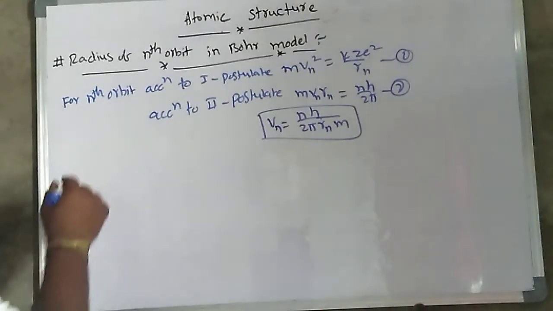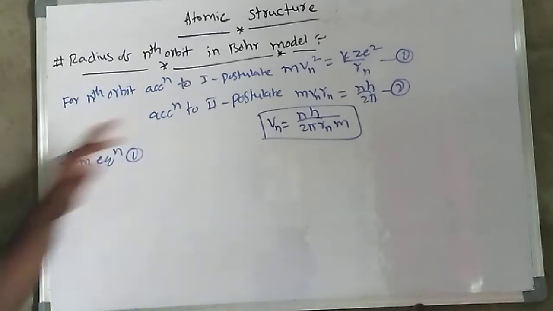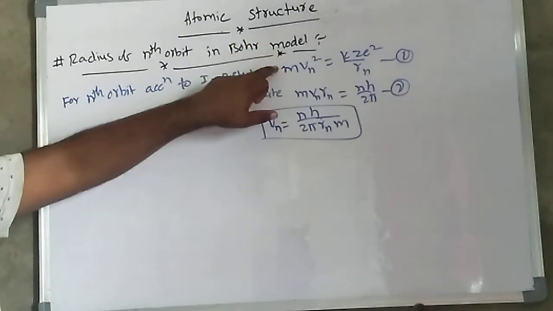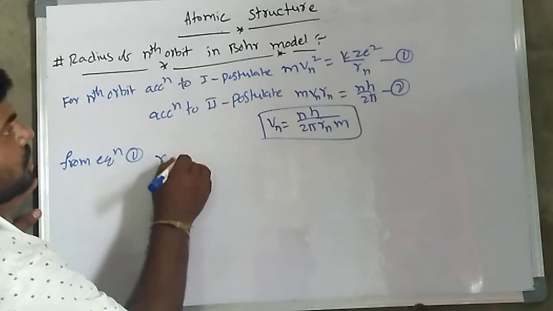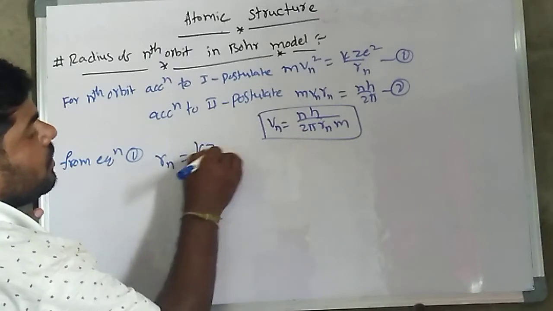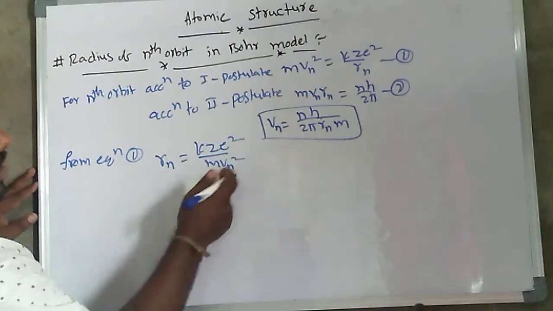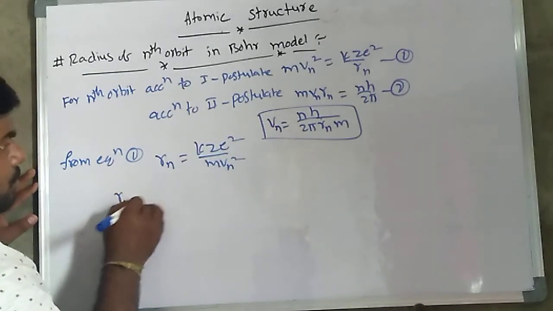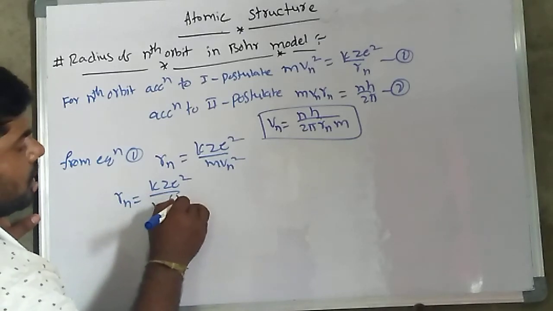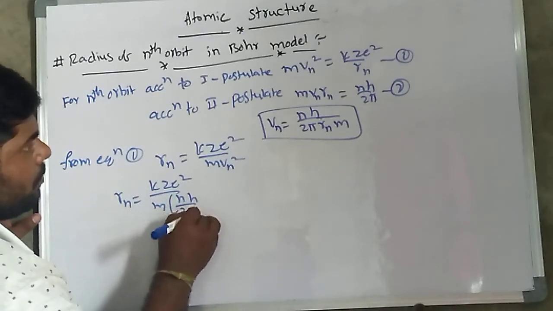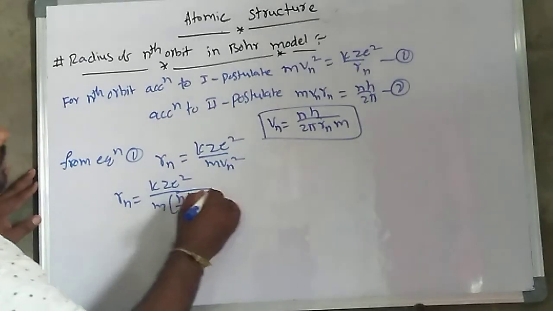From equation 1, rn equals k z e square divided by m vn square. Substituting this vn value here, rn equals k z e square divided by m into nh divided by 2 pi rn m, the whole squared.